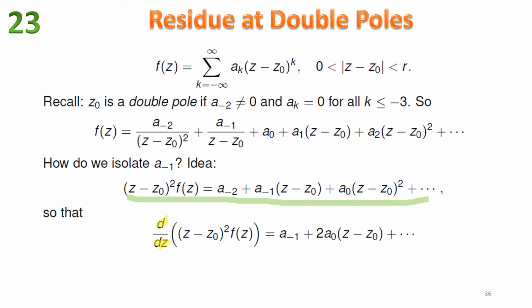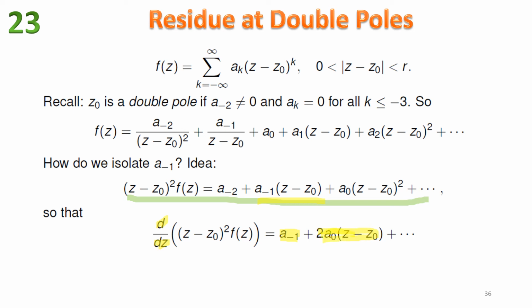This a minus 2 will disappear because the derivative of a constant is 0, and the derivative of a minus 1 into (z minus z0) will be simply a minus 1. Then 2 times a0 into (z minus z0) and so on.